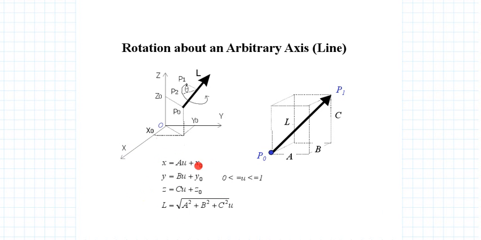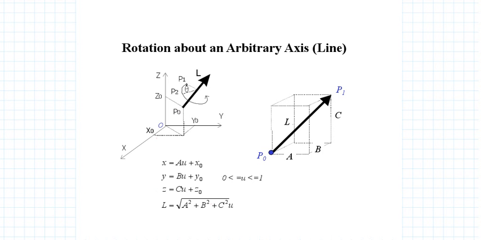This is basically nothing but vectorization of a point on the line. So how it goes, like x equals a u plus x0. X0 is the x coordinate of this starting point P0. Y equals b u plus y0. Z equals c u plus z0.